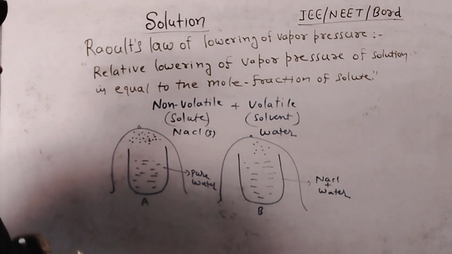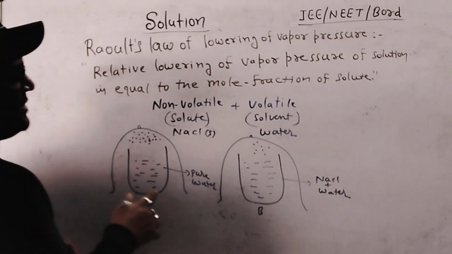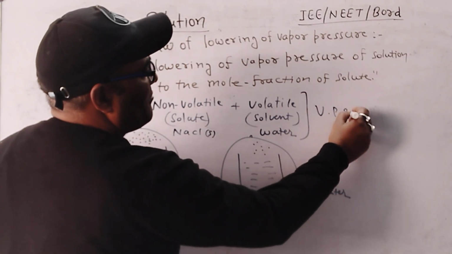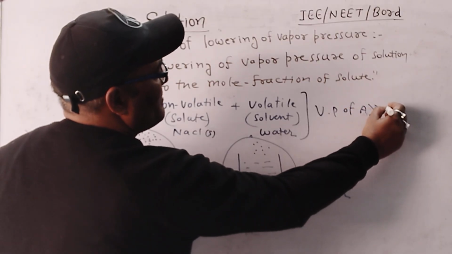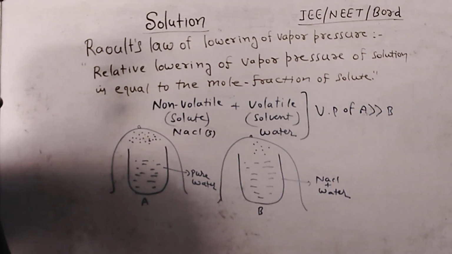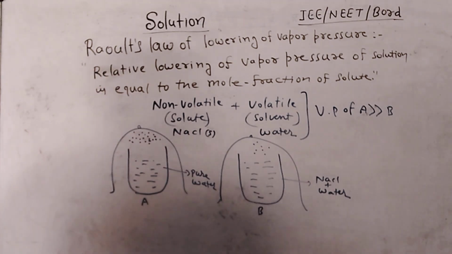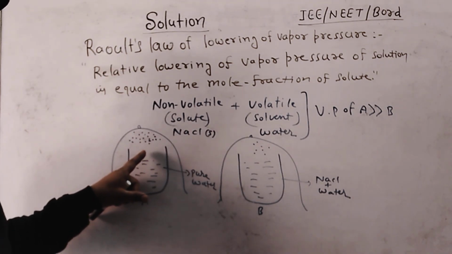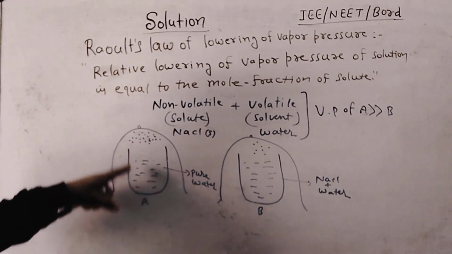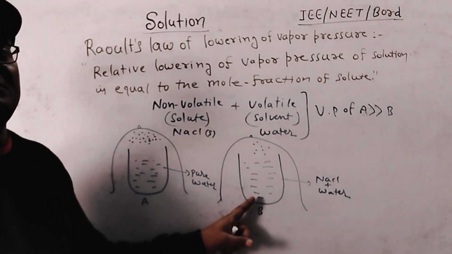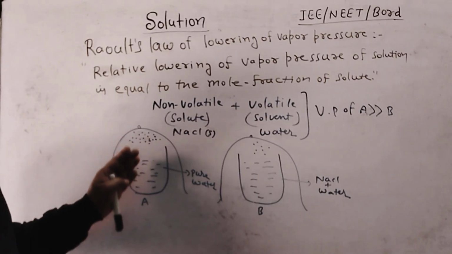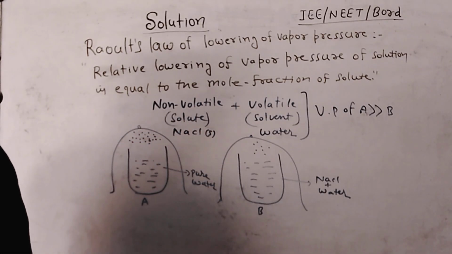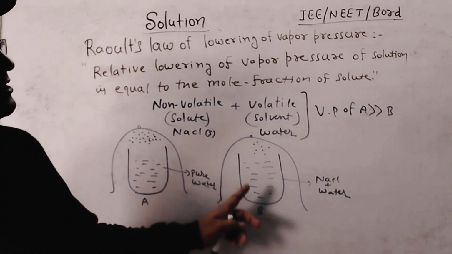Now we can easily observe that the vapor pressure of pure water is greater than the vapor pressure of the solution. Because vapor molecules are relatively fewer, the vapor pressure is lower, and this process is called lowering of vapor pressure.